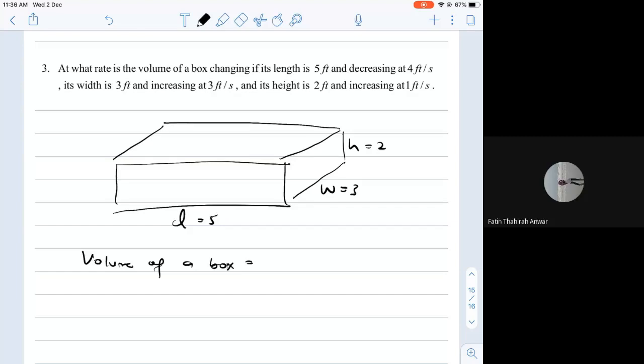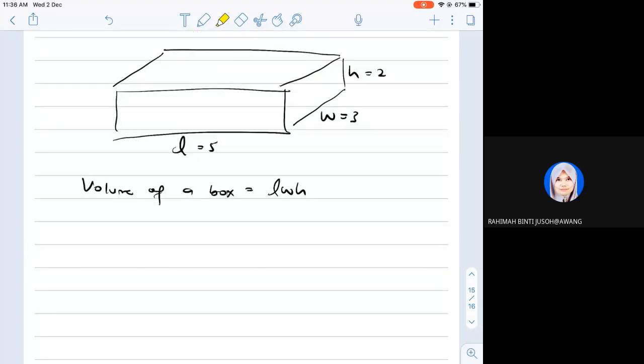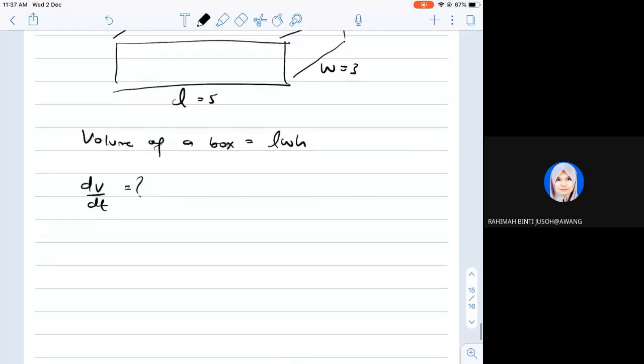H times W times L. Okay, good, very good. WH, isn't it? Or WHL, whatsoever. Okay, this question asks at what rate of the volume, the rate of change, which means dV over dt. It wants dV over dt of the volume of a box.